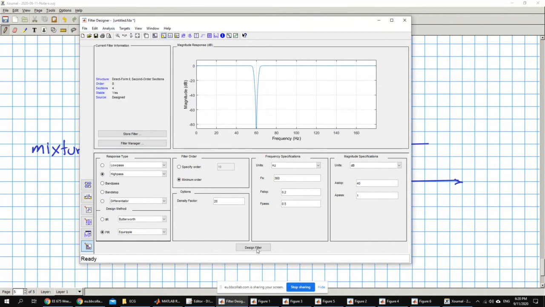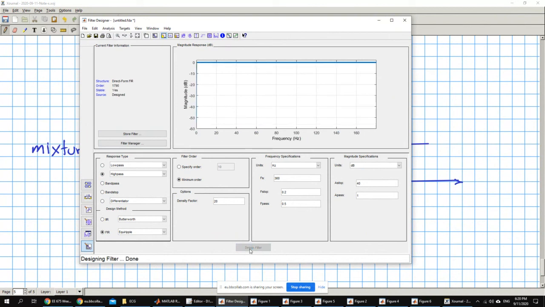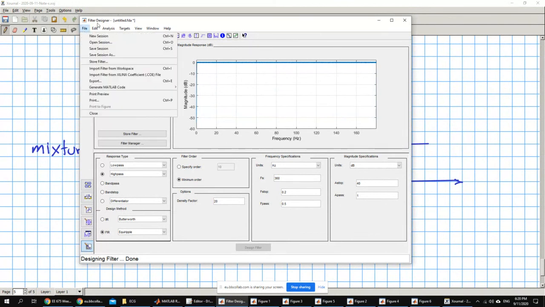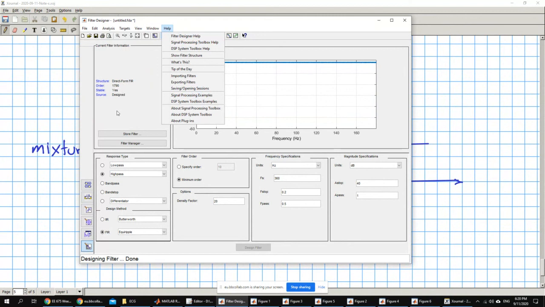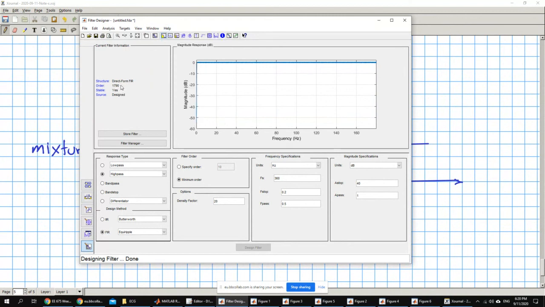So let's design the filter first. Because you have a large range here it's very small, and actually I can't magnify it. But let's just try to get that filter and use it. The order, as you see here, is huge, right?